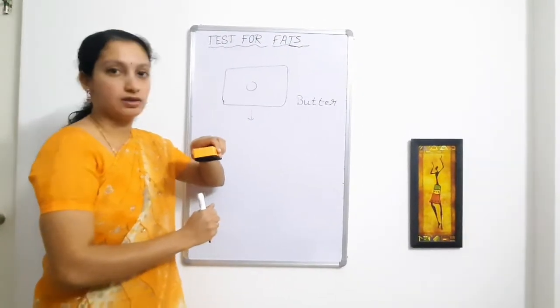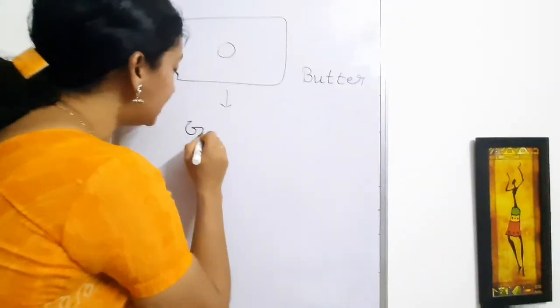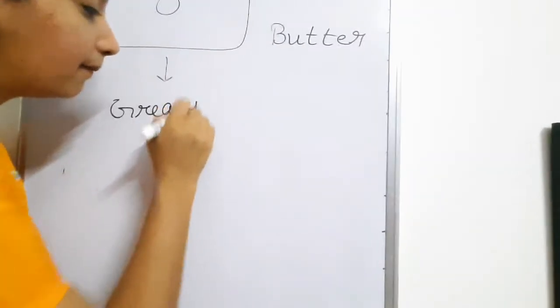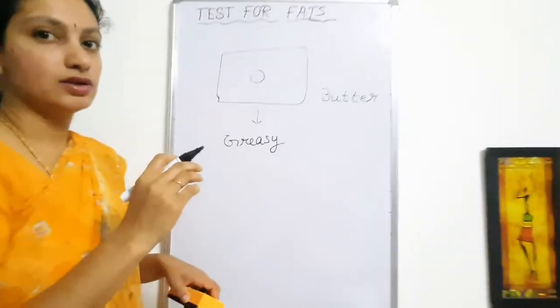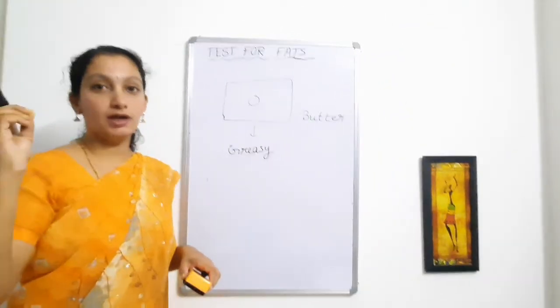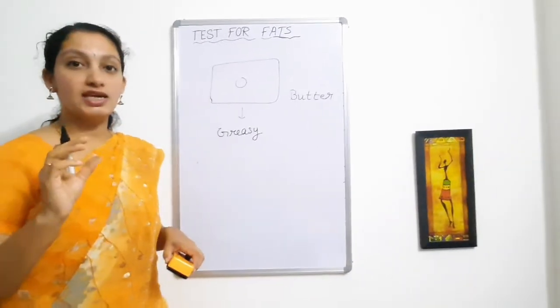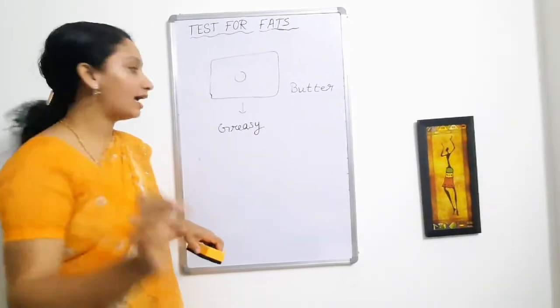And look here, look on the top. You can see a greasy patch on the top of the paper where you have rubbed this fatty food sample.